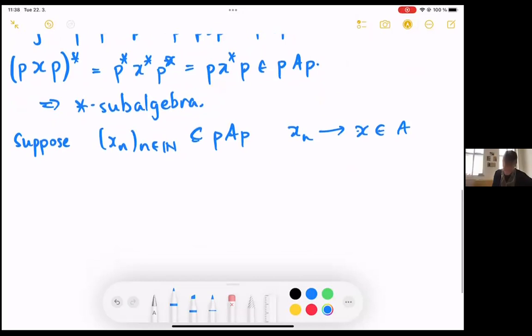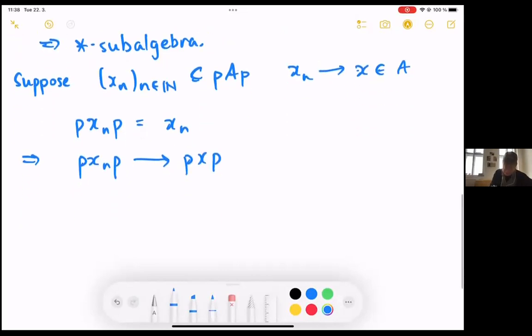Well, note that anything that's in PAP, since P is a projection, satisfies P X_n P is just, again, X_n. So we get that P X_n P converges to PXP, but since this is actually just X_n, well, this also just converges to X, so we see that those are equal, and indeed, PAP is closed.